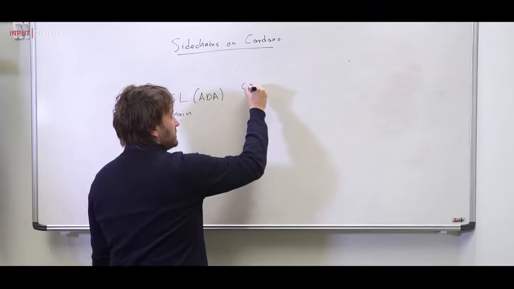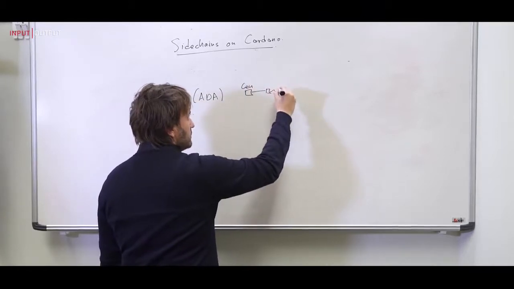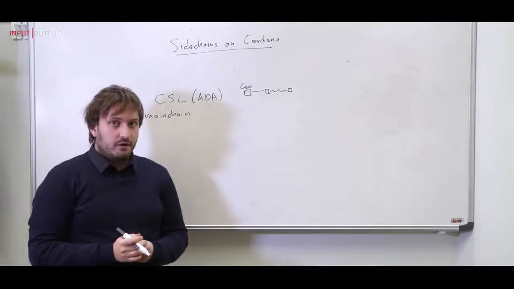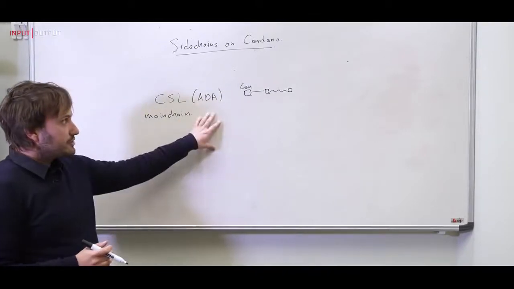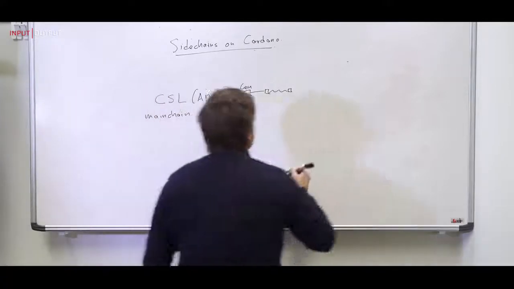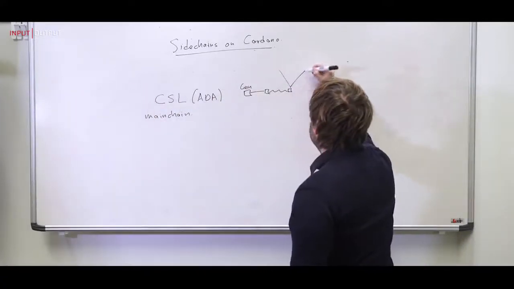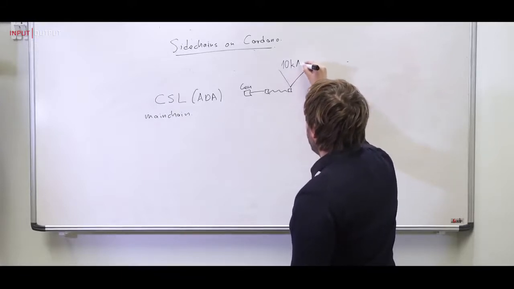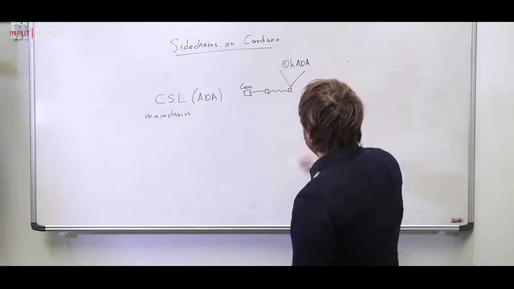It also has a series of blocks, and you can keep your ADA safe on this ledger in which you will have your savings accounts. So I could have 10 kilo ADA right here.